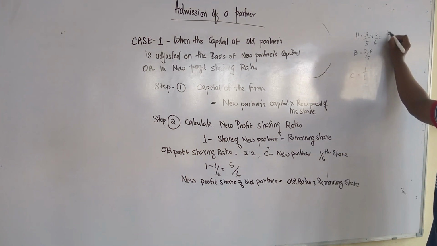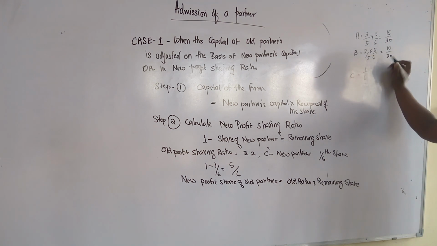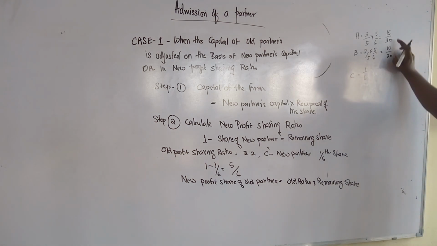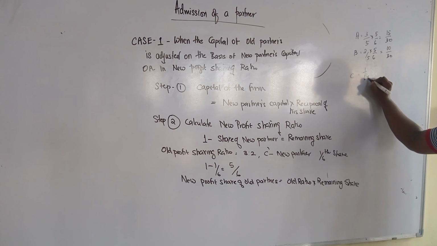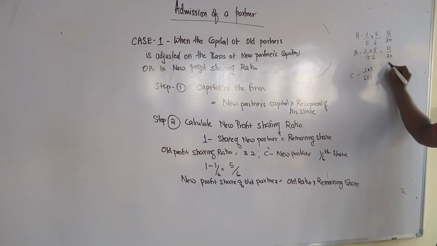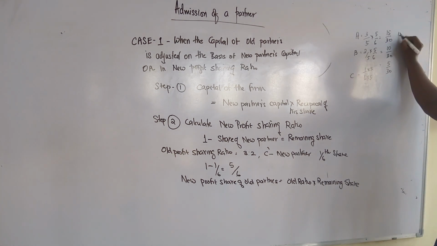So it would be 15 by 30, here 10 by 30. The denominator is 30 here, so make it equal by multiplying 5 into 5. So here it would be 5 by 30. Now the new profit sharing ratio would be 15 is to 10 is to 5. This is 3 is to 2 is to 1.